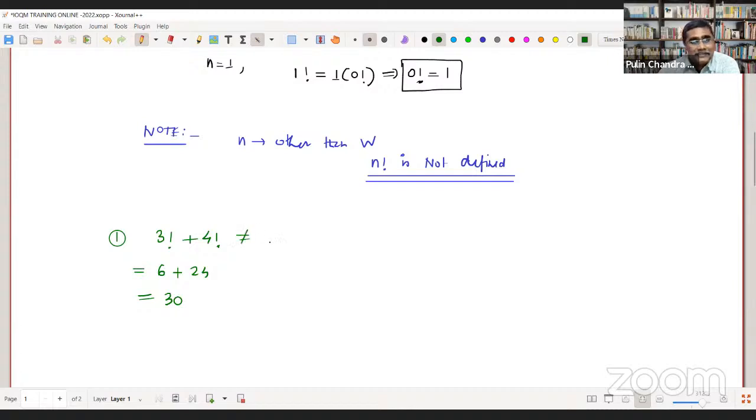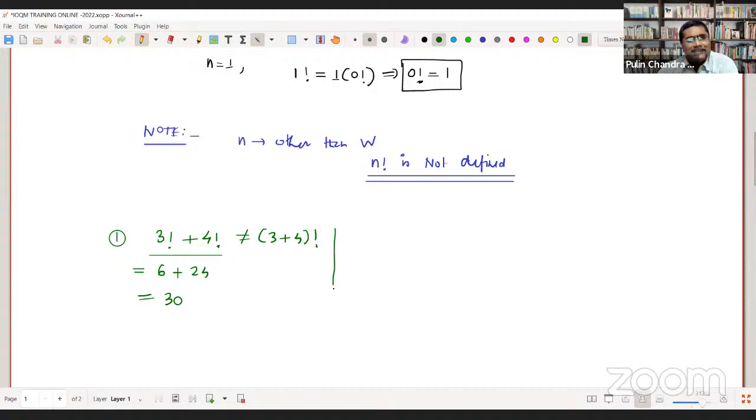It is never equal to 3 plus 4 whole factorial. So be very, very alert about that. It will actually be 7 factorial, which is much larger than 3 factorial plus 4 factorial. And this is not only true for plus, this is true for subtraction, multiplication, and division as well. So be very, very clear about this particular part.